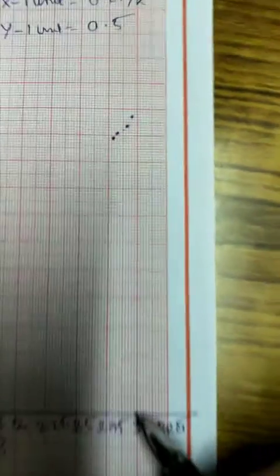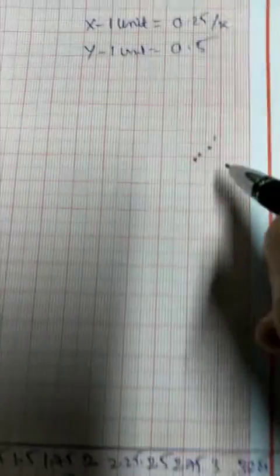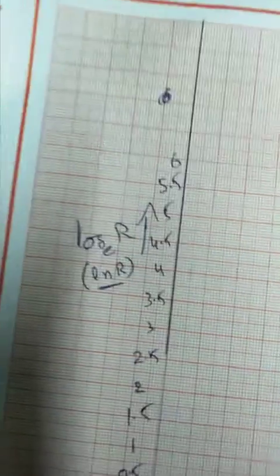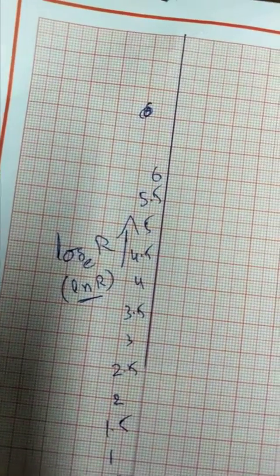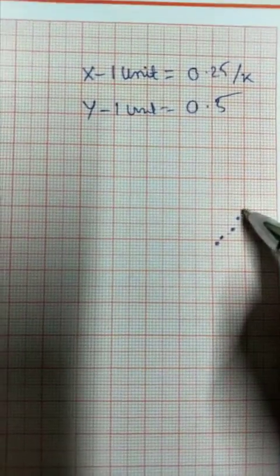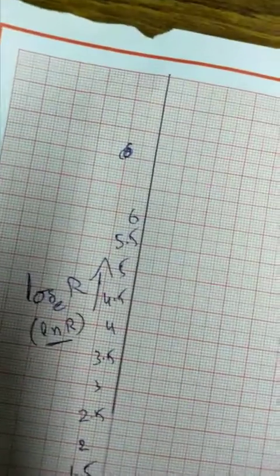At 3 I have taken 5.29. So I'll go for the 5 here. So this is your 5, and 5 point something here, somewhere I have taken. So these are the points where I have taken.